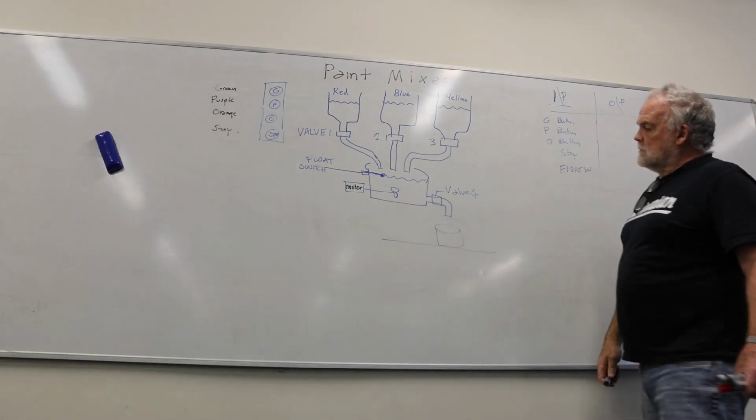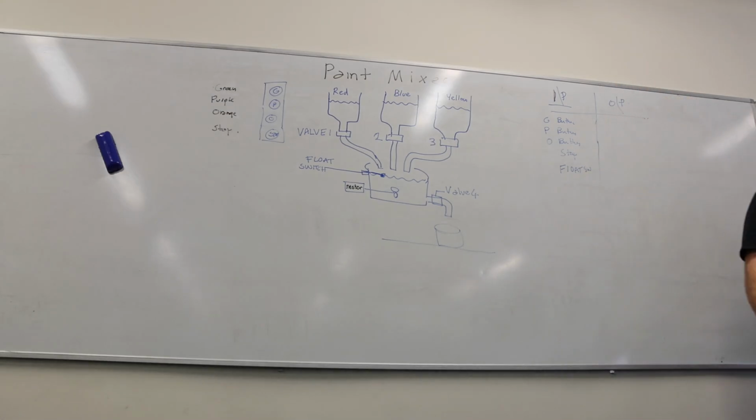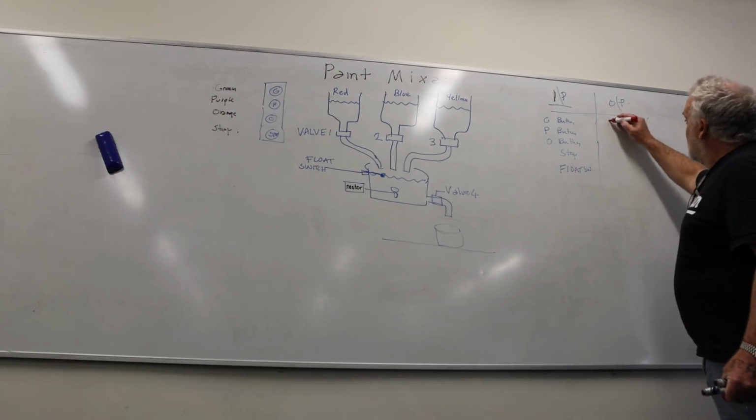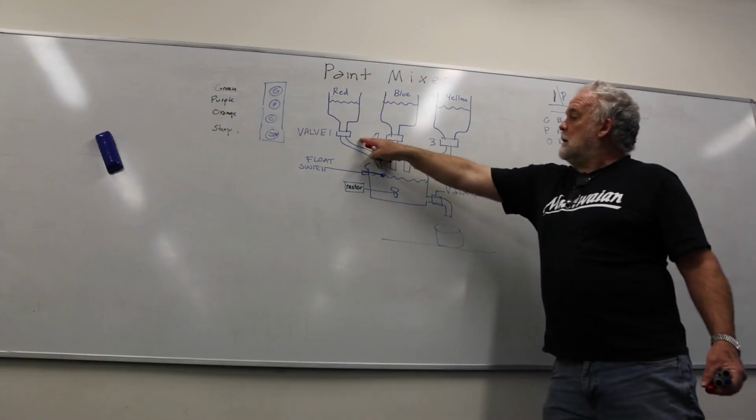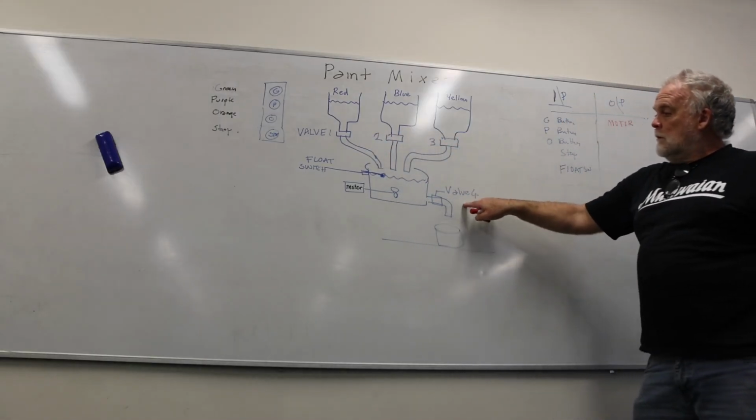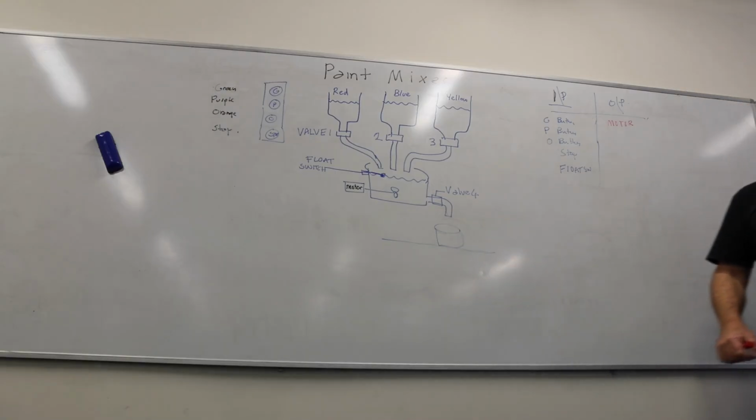Are there any others? Motor, is that input or output? What do you reckon? Motor's input or output? Output, yeah, we turn it on, eh? So let's put that on the output side. Motor, and we've got 1, 2, 3, 4 valves. Is that right? They're all outputs, eh?